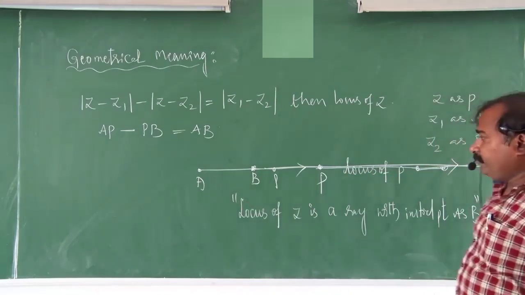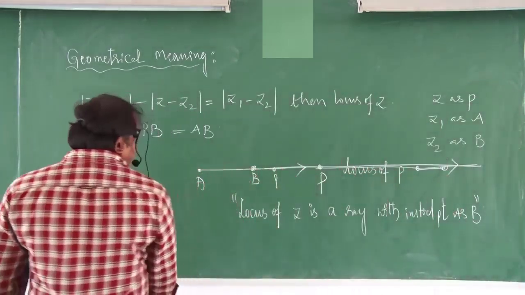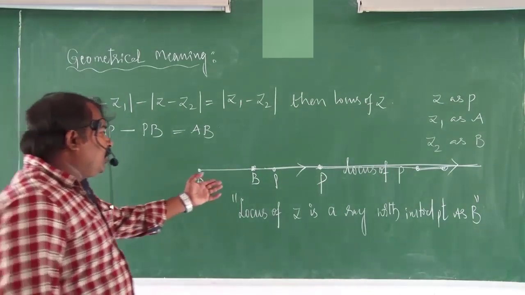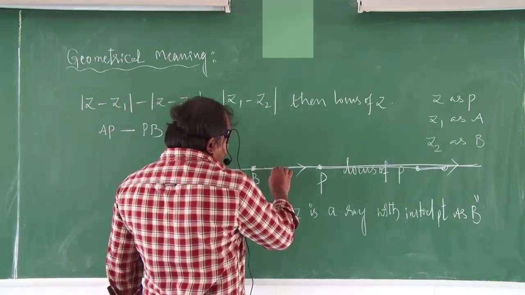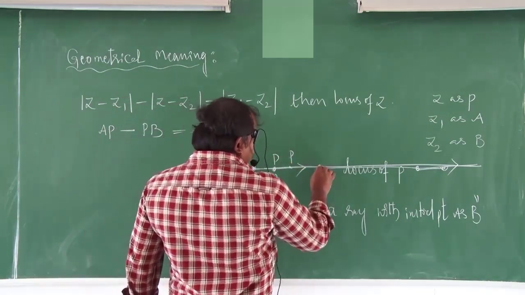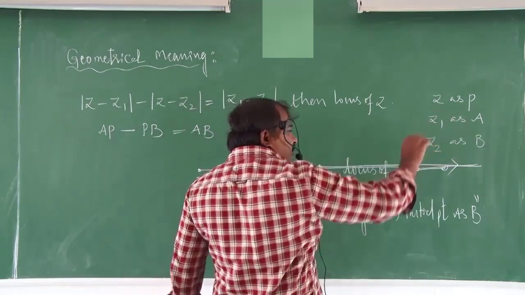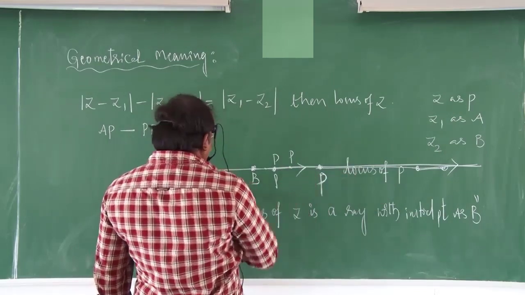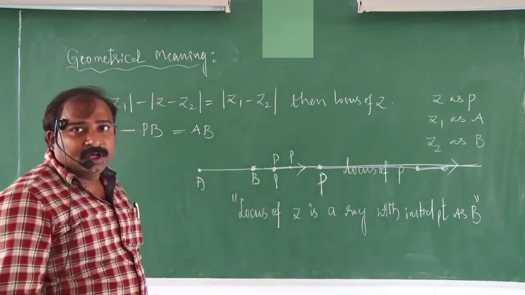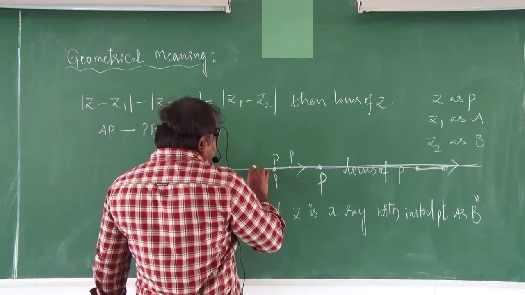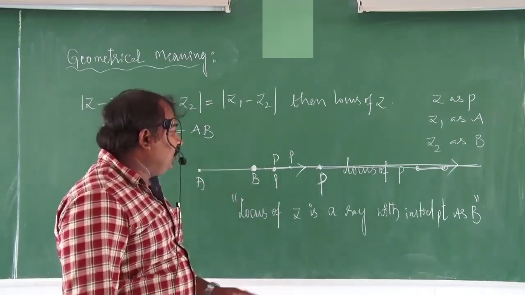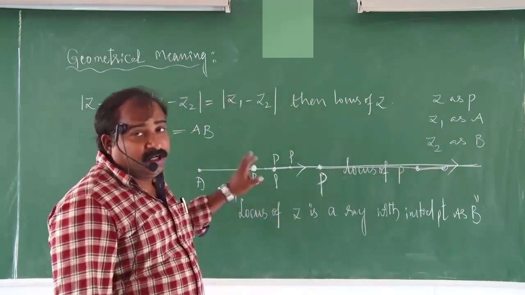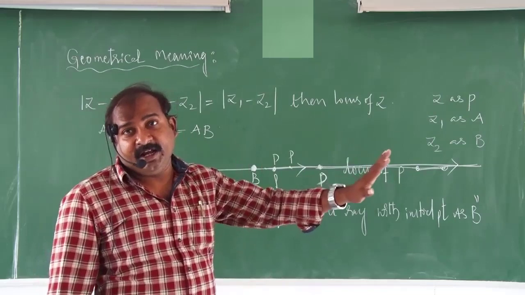So whenever the condition is given like this, AP minus PB equals AB, based on this you will get the value. Maybe here you may take P, or here, or anywhere you can take P. Automatically AP minus BP is equal to AB only. Means the position of point P will be any point in this direction with initial point B, which indicates a ray, ray BP.